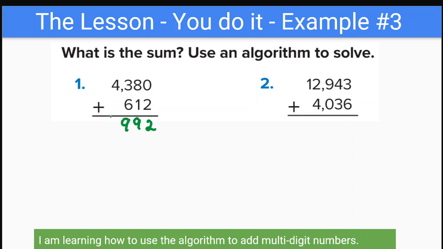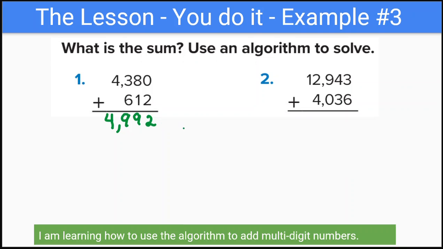And 4 plus nothing equals 4. Okay, we just kept them all lined up. The sum of 4,380 plus 612 is 4,992. Kids, right now you're learning how to use the algorithm to add multi-digit numbers.